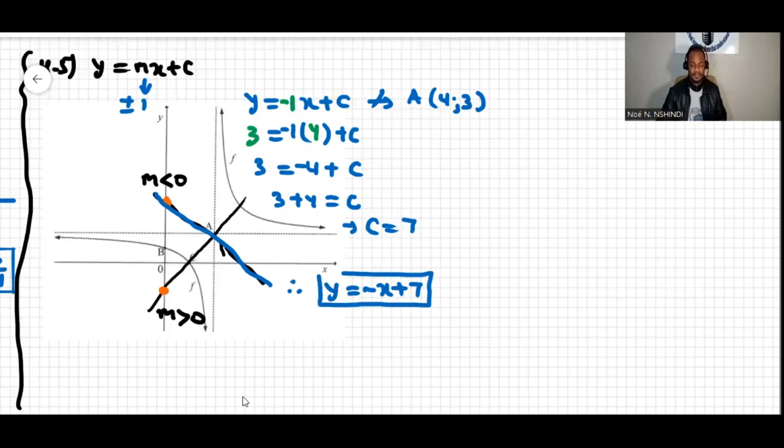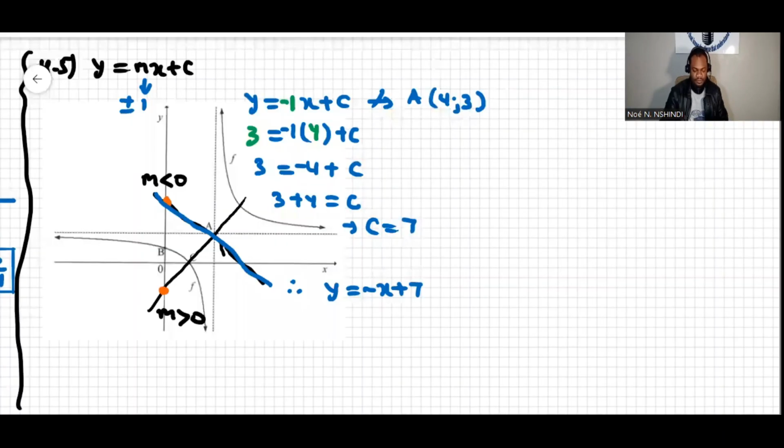That's the equation of the line passing through A that has a positive y-intercept. Well, thank you.